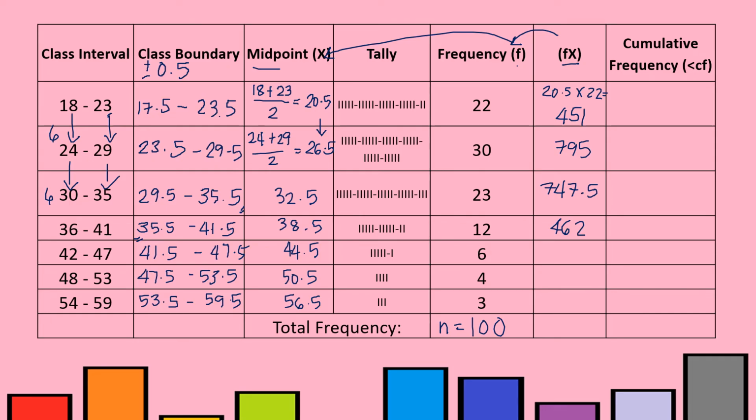Then 44.5 multiplied by 6 is 267. Then 50.5 times 4 is 202. And then 56.5 times 3 is 169.5.